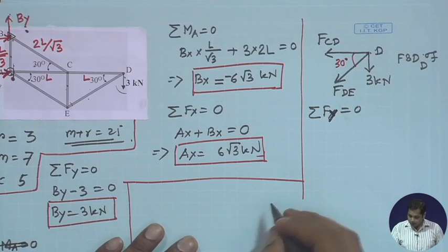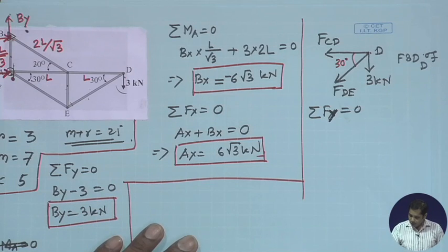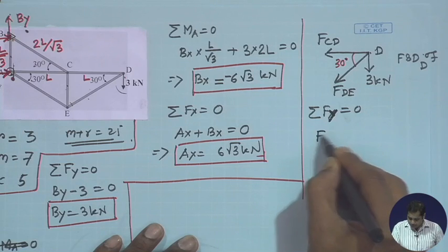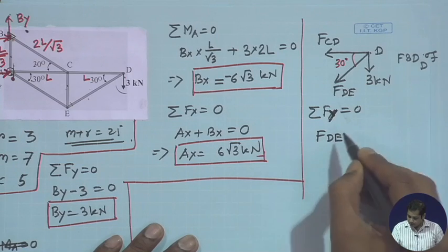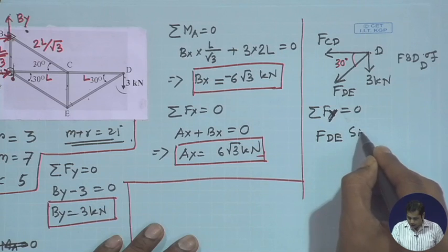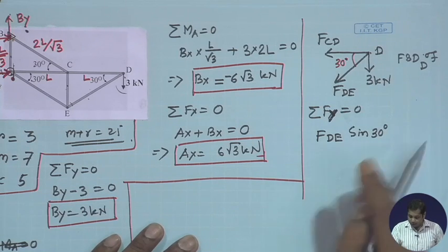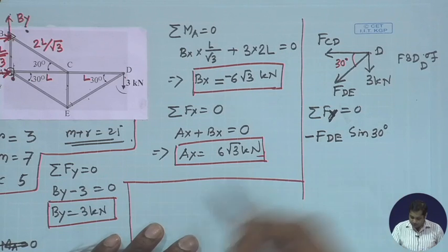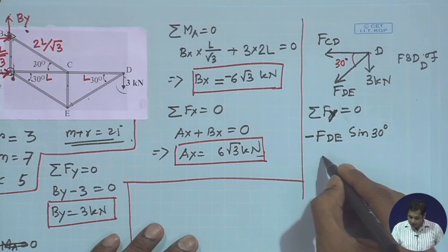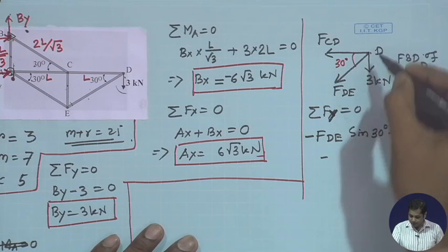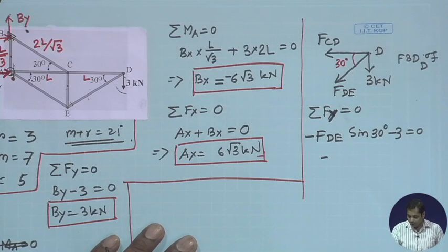Okay. So, what we have is FDE, which is the vertical component, which is downward, that is why put negative sign here, and then minus 3 is equal to 0, 3 in the minus because it is acting downward.